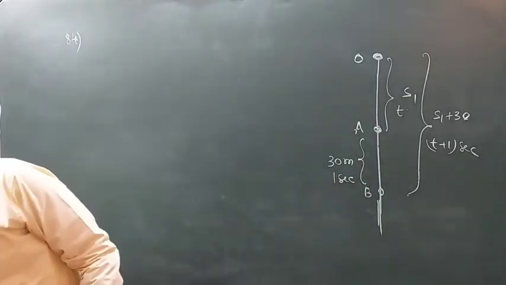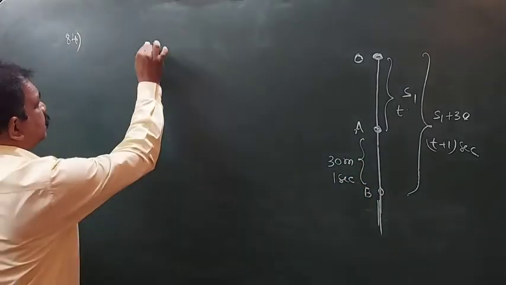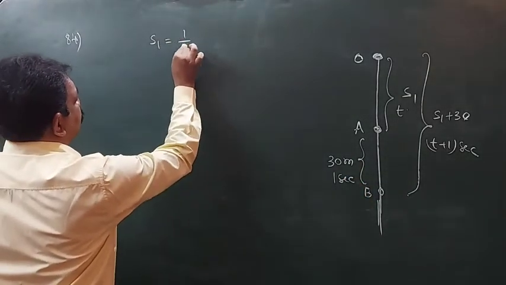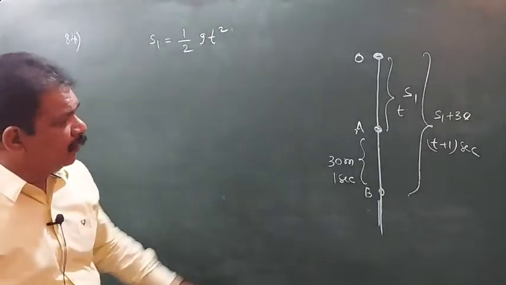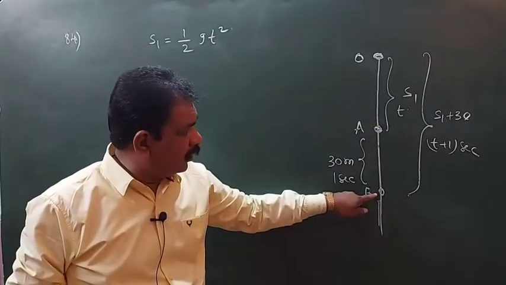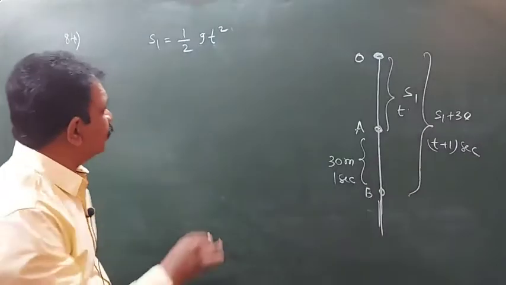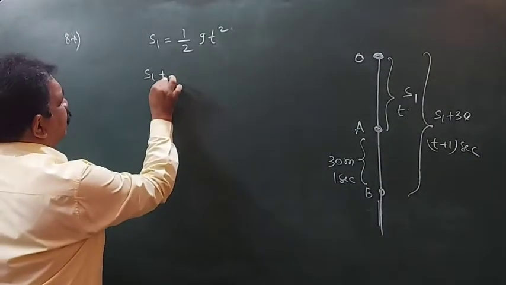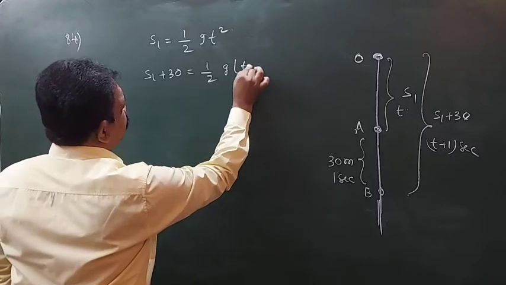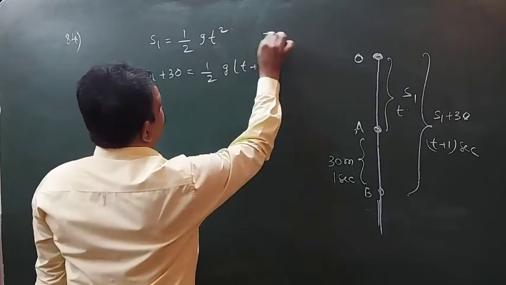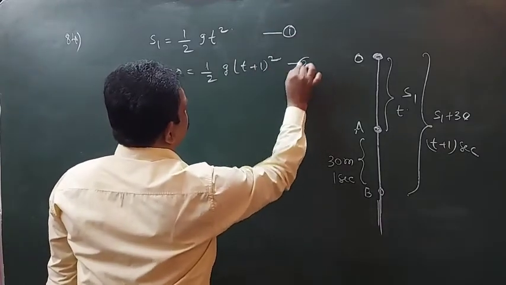So S1 is equal to 1 by 2 g t square, freely falling body. Here, S1 plus 30 is equal to 1 by 2 g into (t plus 1) whole square.